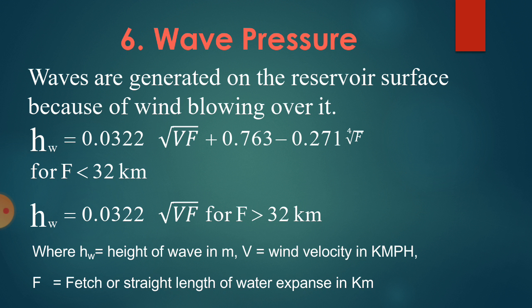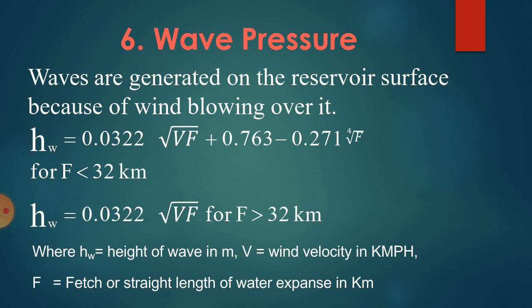Now, as per IS 6512-1972, for determining the wave height, the Molitor's formula was used, which is hw = 0.032 √(VF) + 0.763 − 0.271 F^(1/4), for F less than 32 km.